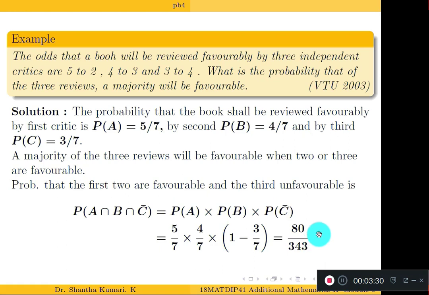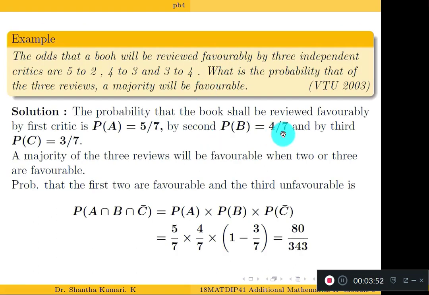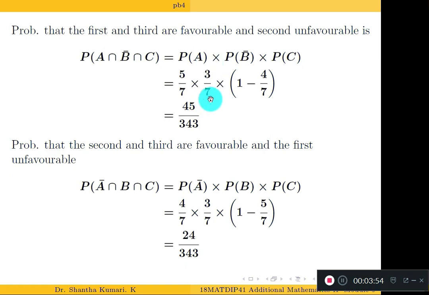Next, another possibility. A and C are favorable, B is not favorable. Multiply the probability. P of A into P of B complement into P of C. P of B complement is 3 by 7. 1 minus, what is B here? 4 by 7. So 1 minus 4 by 7, you get 3 by 7.